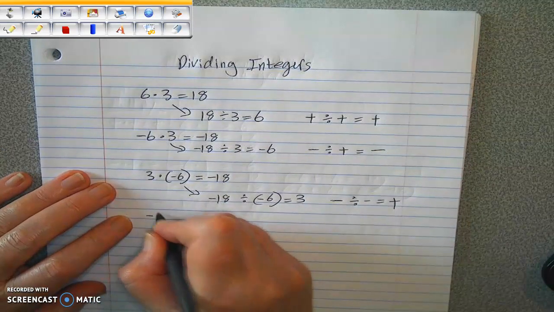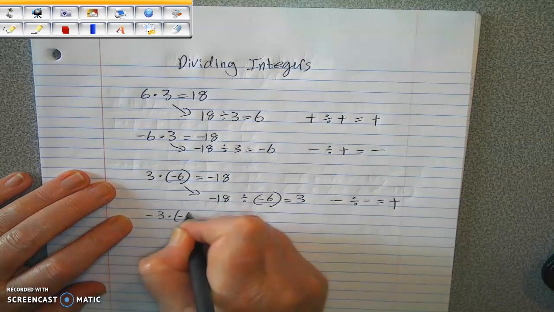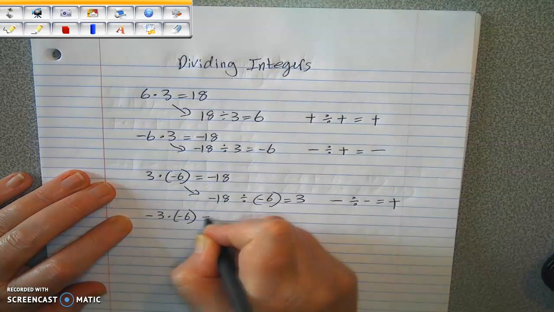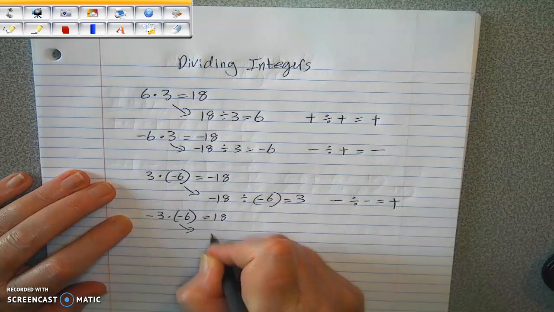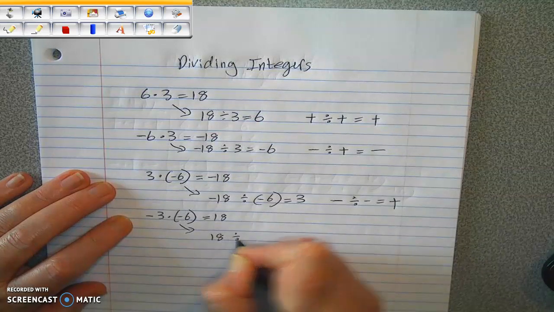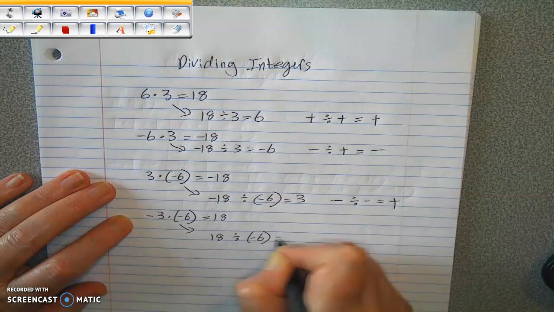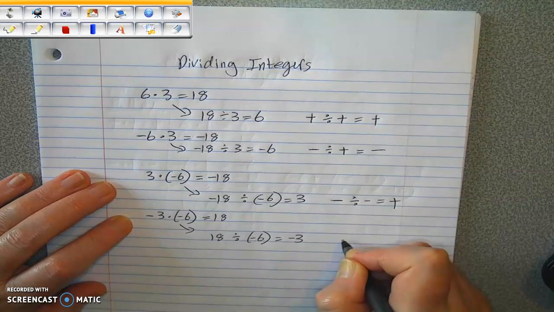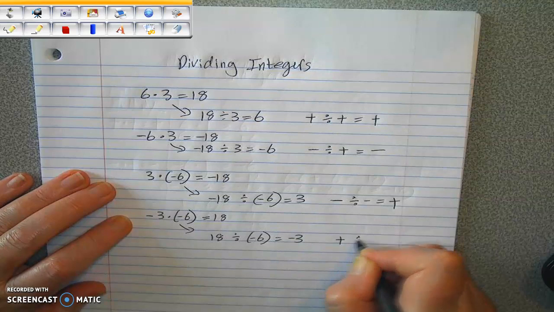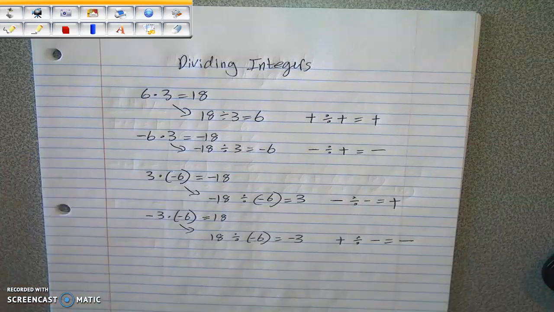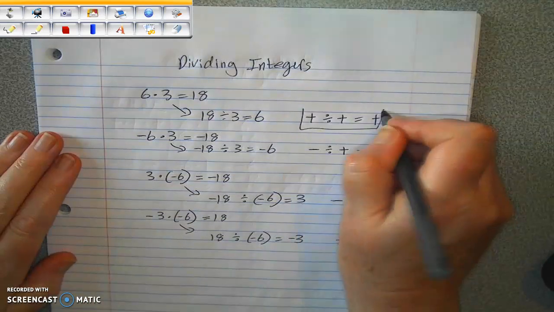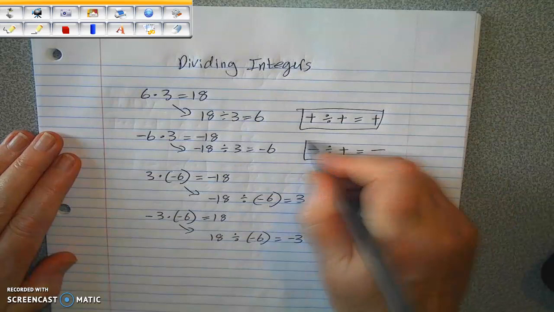This is what it looked like for multiplying, and here's the division. 18 divided by negative 6 equals negative 3. So this is a positive divided by a negative, and that's equal to a negative. So here are the 4 results, just written in signs.